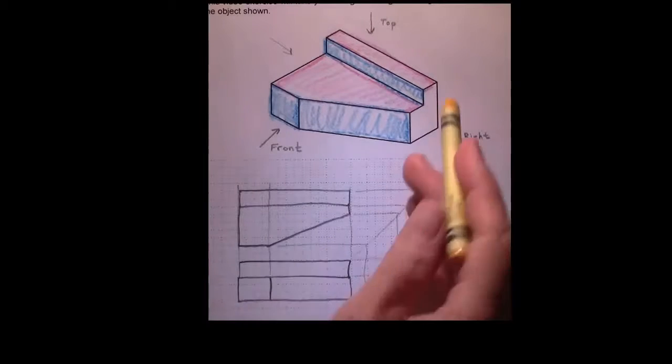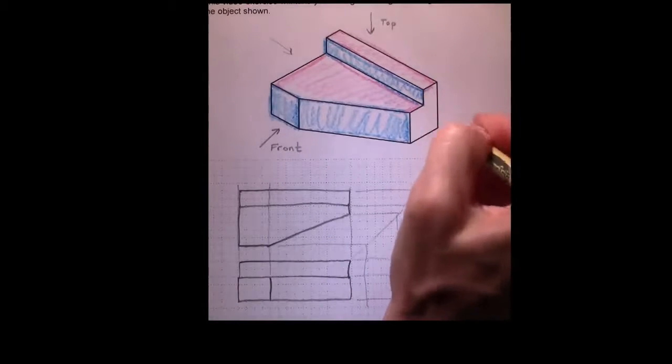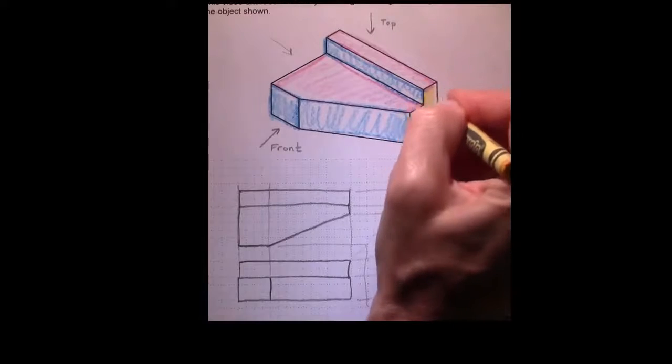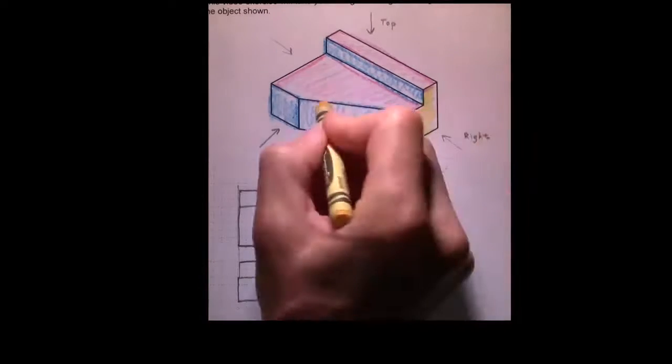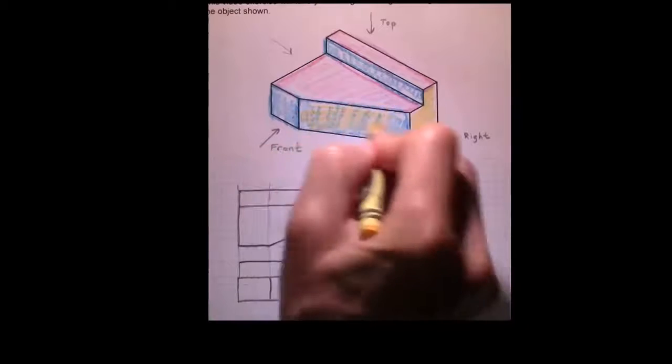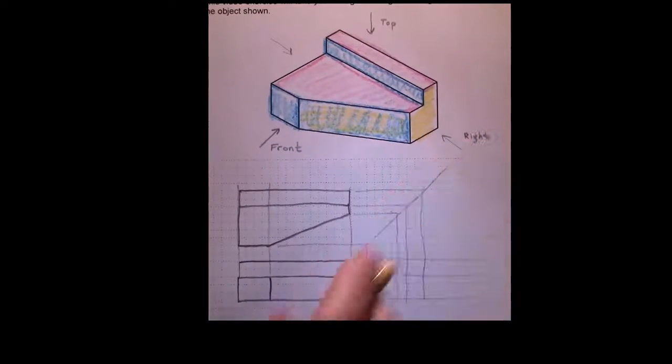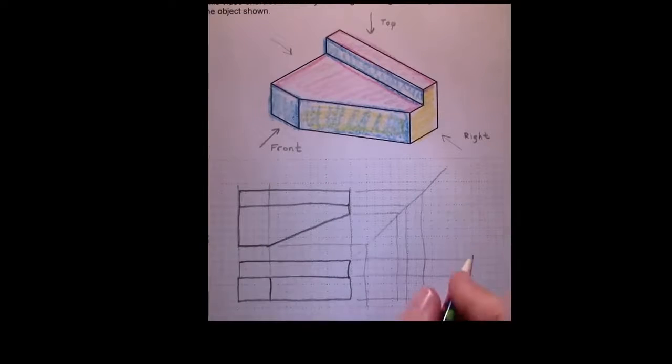So if we shade in our surfaces, we're going to be viewing this way. We're going to see that shape, and we're also going to see some of the angled surface. Alright, so let's draw this shape in first. And the projectors will guide you. And then the angled surface. Alright, so that's our right side view.